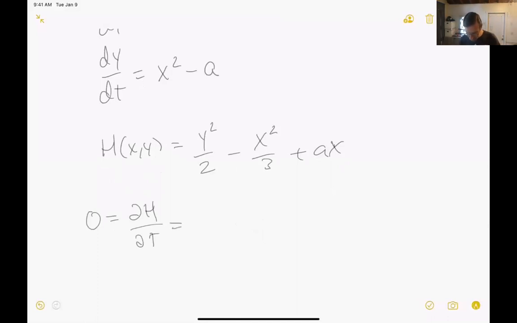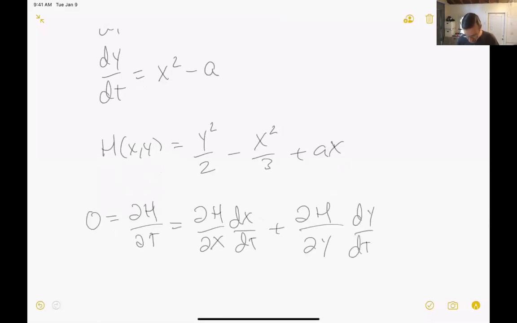If we use the chain rule, that means that it is the partial of H with respect to x times dx/dt plus the partial of H with respect to y times dy/dt. The second equality there is just the chain rule, and the first equality is what it means to be Hamiltonian.